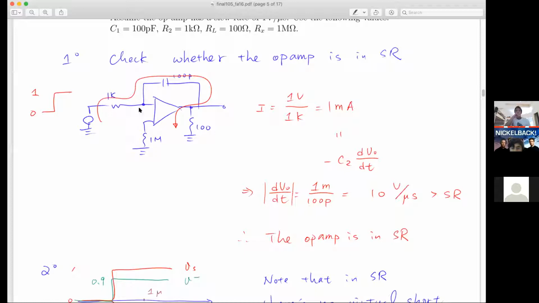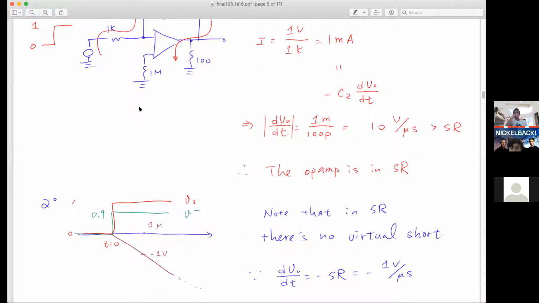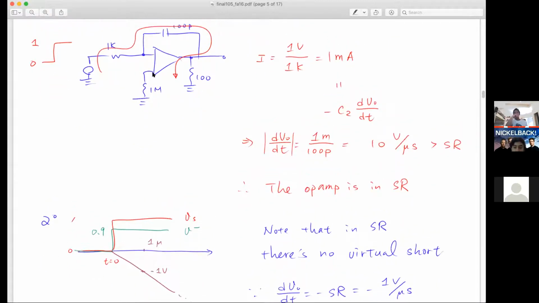It means that V minus is equal to 0.9 volts. So, just as we mentioned before, there's no virtual short. Even though V plus is 0 volts, V minus right now is 0.9 volts. It's not 0 volts anymore.